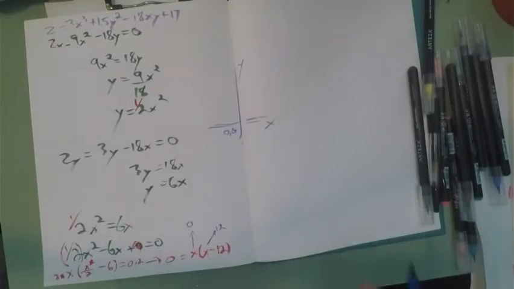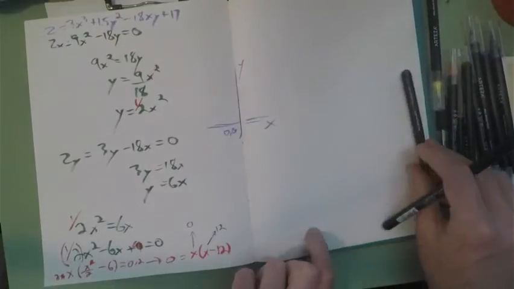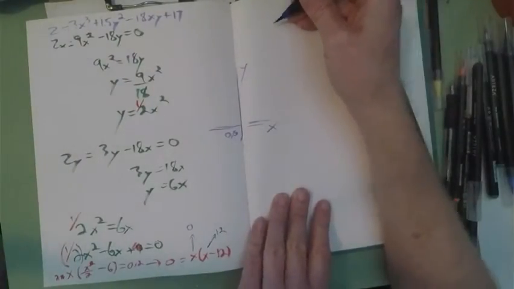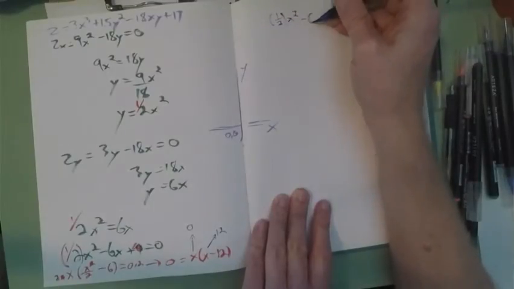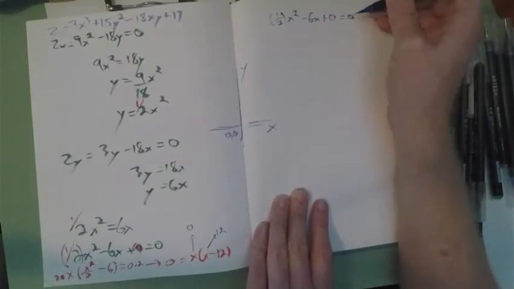Let me show you the inconvenient way, the way that I would do this, which is not as efficient as this. So I'm going to start from here. I've got 1/2 x squared minus 6x plus 0 equals 0.